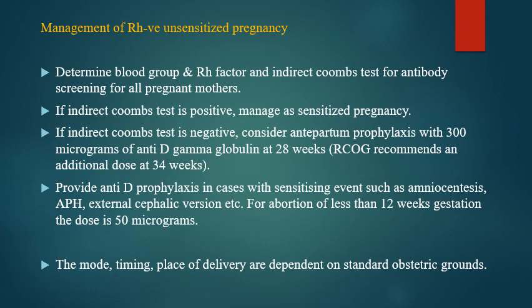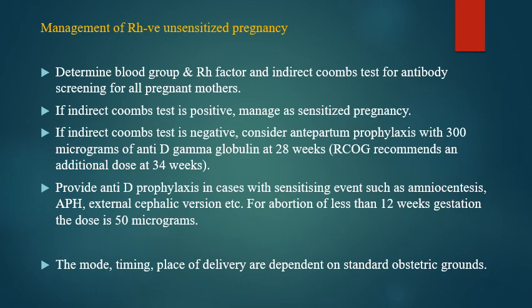But if it is negative, then we go for antepartum prophylaxis with 300 micrograms of anti-D gamma globulin, which is injected intramuscularly at 28 weeks of pregnancy. RCOG recommends another additional dose at 34 weeks of pregnancy.